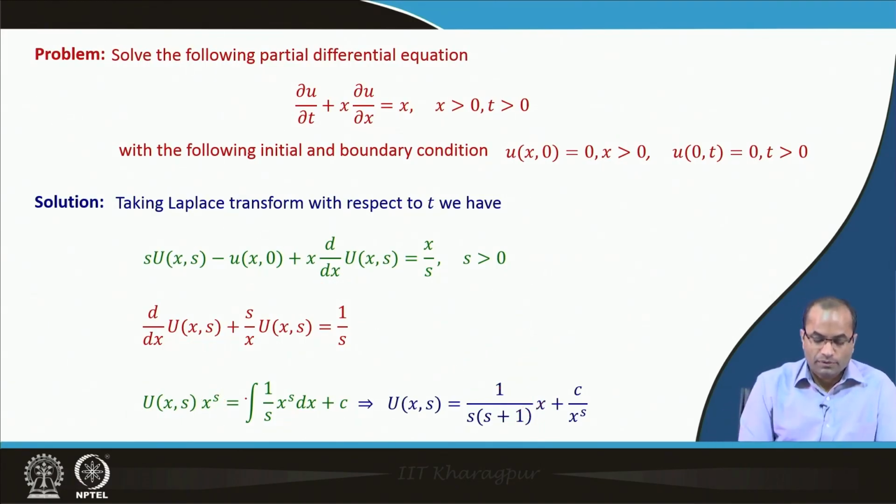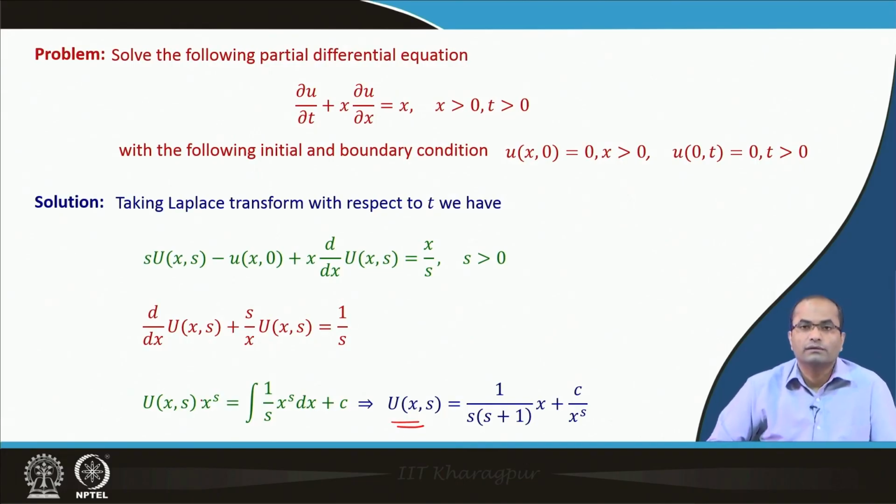Now this x^s we can bring to the right hand side, and we have U(x,s) equal to the integral of x^s, that is x^(s+1) over (s+1), divided by x^s. So we cancel the x^s, leaving only one x, plus c over x^s.